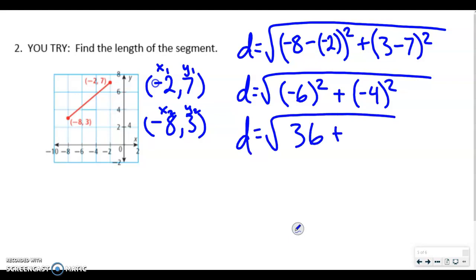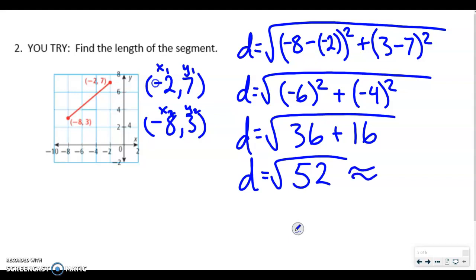And negative 4 squared gives us 16. Add the two together. You should have gotten 52. And then when you punch the square root of 52 in your calculator, remember to round to the nearest tenth if you get a decimal, and we should get 7.2 after we round. So approximately 7.2 is the distance of our segment.